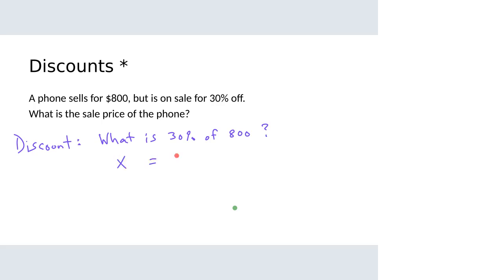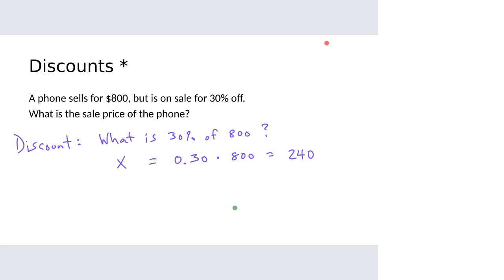We'll multiply those together, and when we do that, 0.3 times 800, we get $240. 240 is a really important part of our solving process because that's the amount of the discount. That's how much they're going to take off the price of the phone.